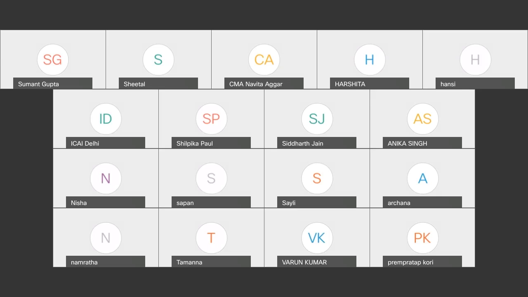So that is what we talk about. That's called a tax invoice. As you can see, under the CGST Act 2017, Section 31 governs the provisions related to the tax invoice.